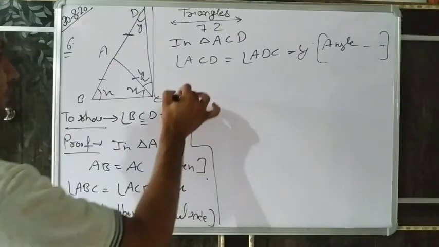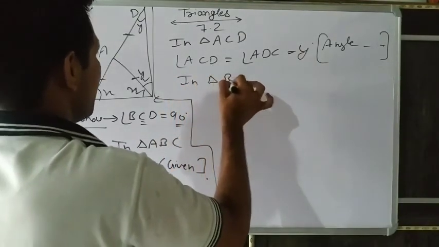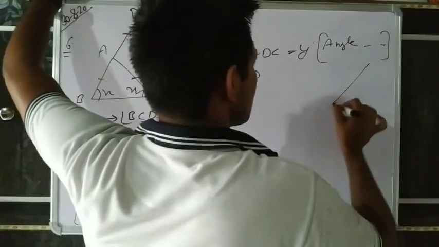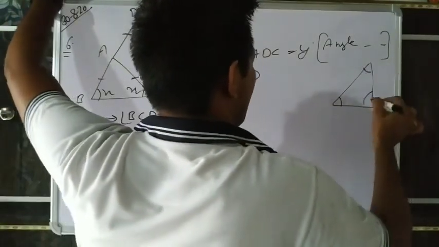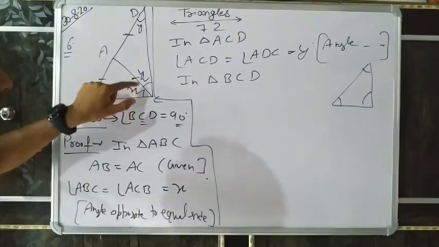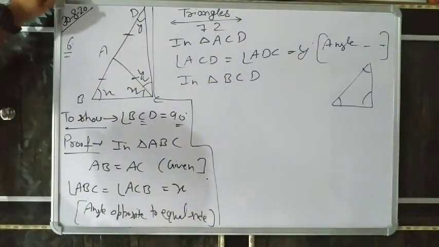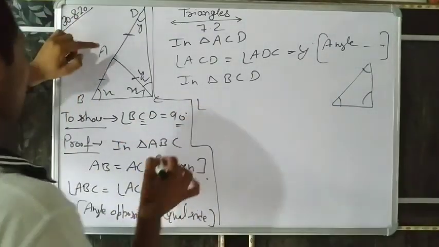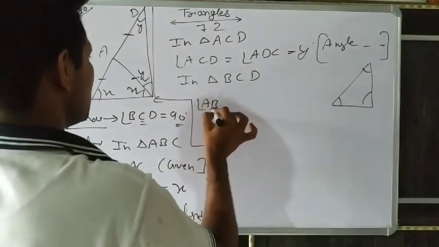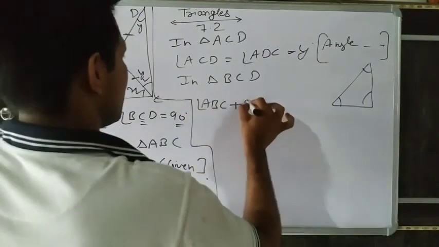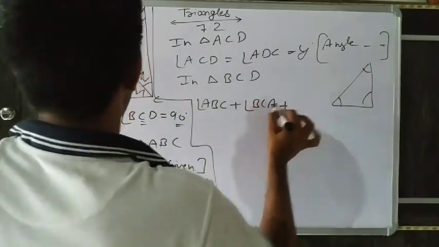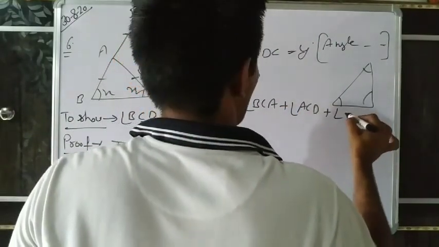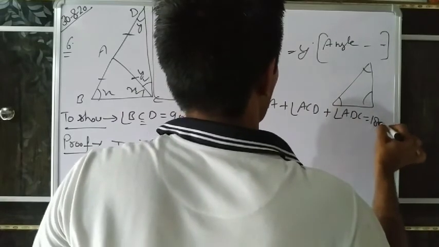And we know in triangle BCD, the sum of all angles in a triangle is always 180. So you can write in triangle BCD, angle ABC plus angle BCA plus angle ACD plus angle ADC equals 180.